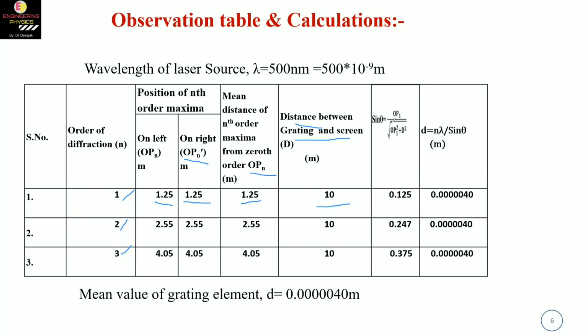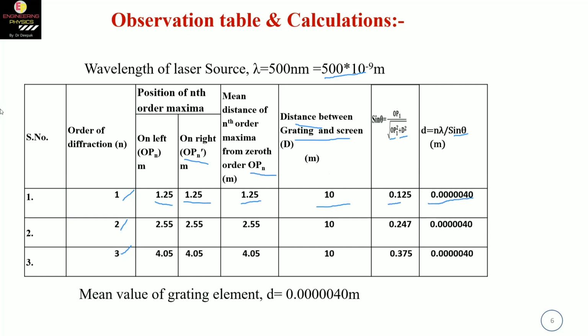So sin theta is equal to perpendicular upon hypotenuse. We know the value of the perpendicular, and by using the Pythagoras theorem we can calculate the value of the hypotenuse. This is sin theta. d equals n lambda upon sin theta, where n is 1 and lambda is the wavelength of the light. We have selected 500 into 10 to the power minus 9 meter, divided by sin theta, 0.125.